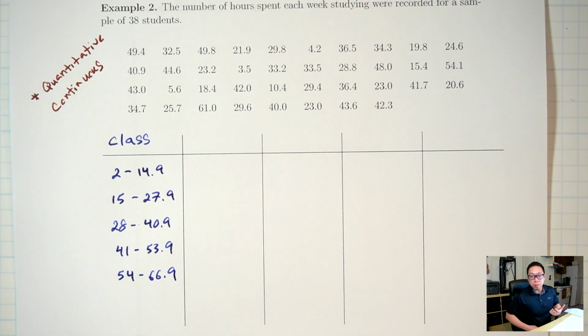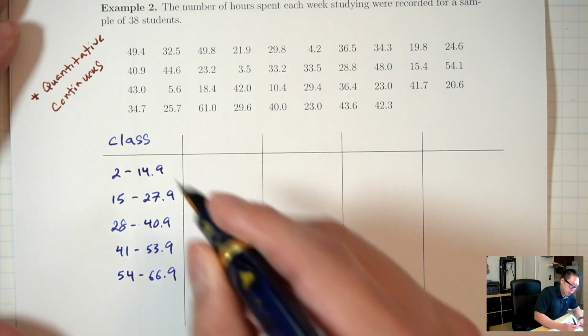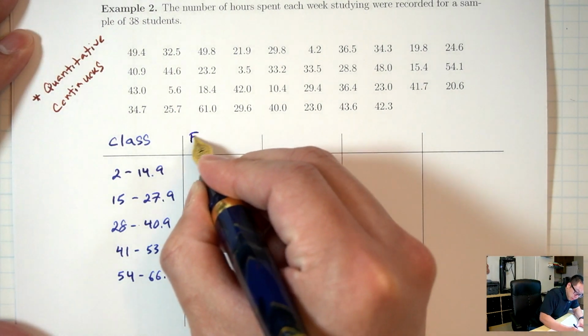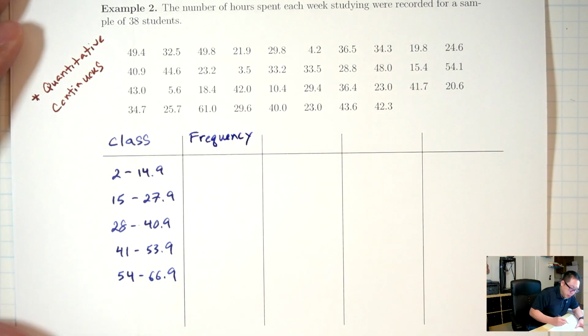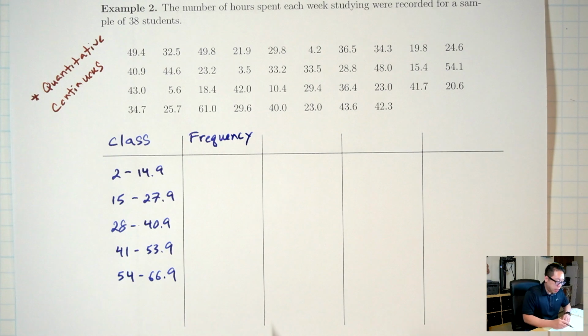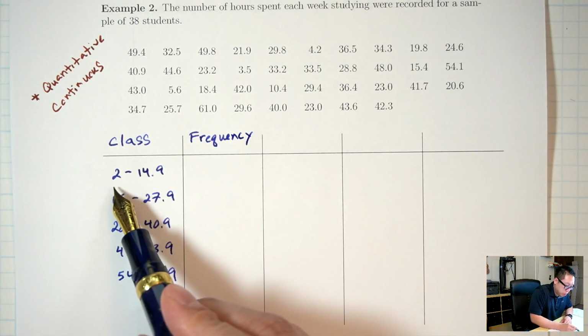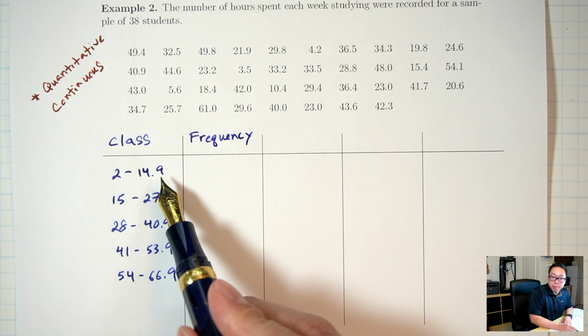And now we can talk about everything that we talked about before. So frequency, relative frequency, cumulative frequency, and cumulative relative frequency. Okay, so frequency. Frequency is just going to count how many data values are between 2 and 14.9. Okay, inclusive.